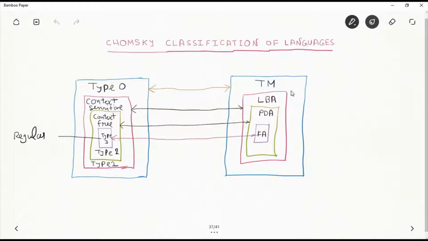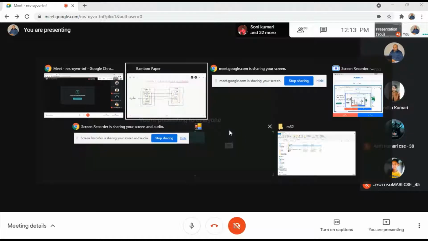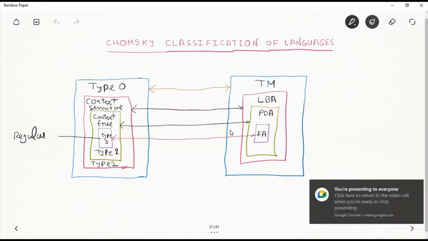Which type have we discussed recently? Type 3, that is called a regular language. Okay. So correspondingly, you can see here, if we talk about languages, we have automata.